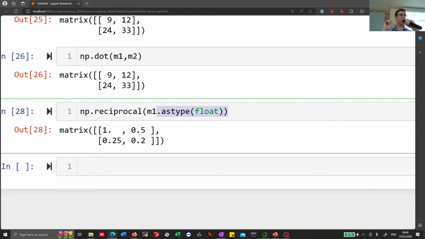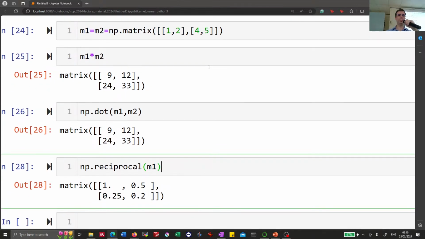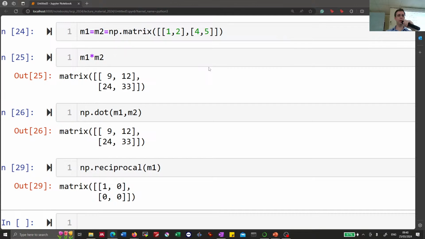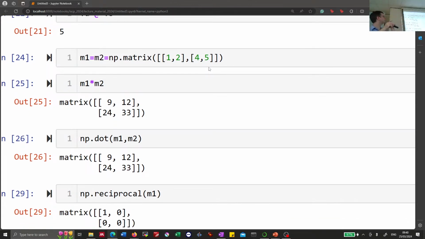So remember, NumPy tries to give you a data type when you give a matrix, right? Here, the data type of M1 is integer. But the values of M1, 1, 2, 4, 5, okay, all integers, and the reciprocal will be what? 1 and 1 only, but the reciprocal value of 5 is not 0, right? But we said it's element-wise.